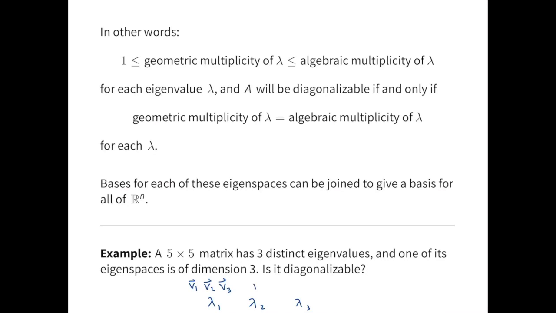So suppose for lambda 2 we get an eigenvector w, and for lambda 3 we get an eigenvector u. Well, we know that these 3 eigenvectors are linearly independent because we chose them to be so. We know that these ones are linearly independent because they come from different eigenspaces. What we found is that we have 5 linearly independent eigenvectors, and since it's a 5 by 5 matrix, that's all we need to find in order to diagonalize our matrix.